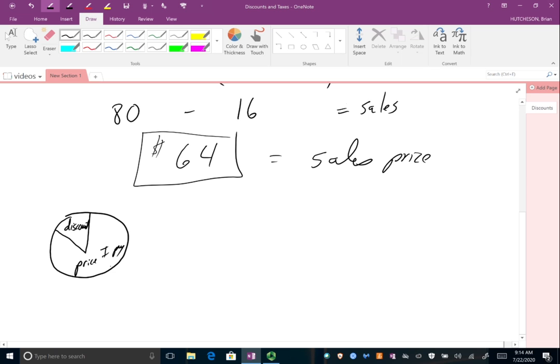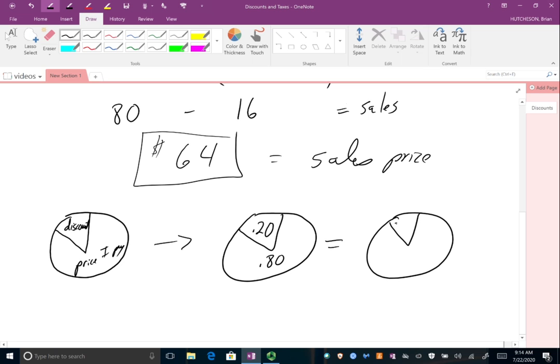The sales price. Well, what does this mean? That means if I get rid of 20%, 0.20, how much is left? 0.80, 80%. Like I said, if you want to show it with percents instead of decimals, 20% and 80%.